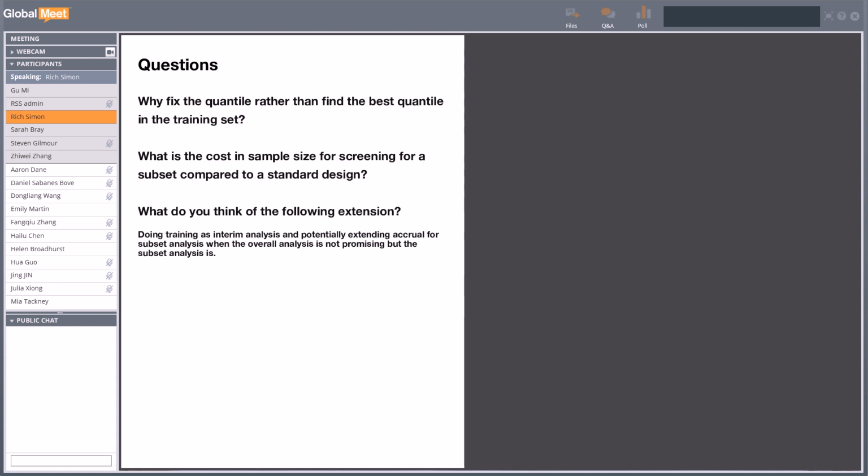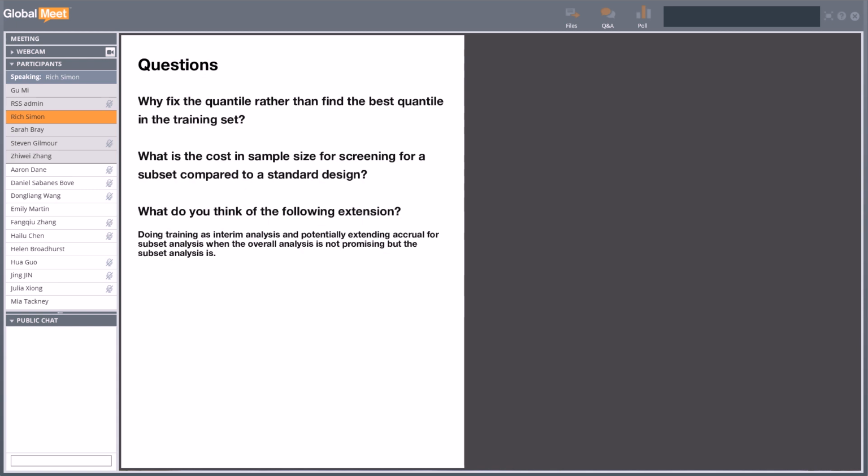And finally, I think there's a potential obvious extension that I wanted to bring up for comment. As was pointed out, when we do the adaptive signature design, it was not really done as an interim analysis in which you would change anything as you go on in the clinical trial. It was really just how you structure your analysis at the end, and to have an adaptively defined subset.